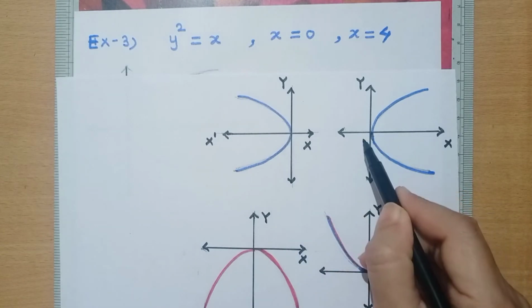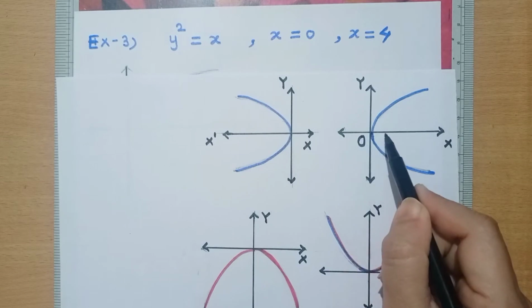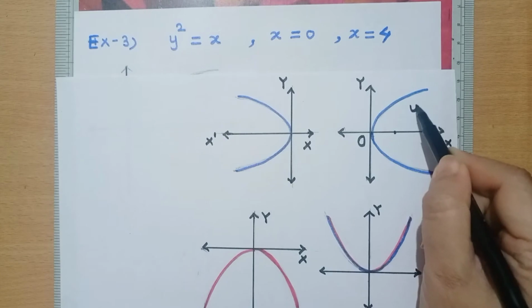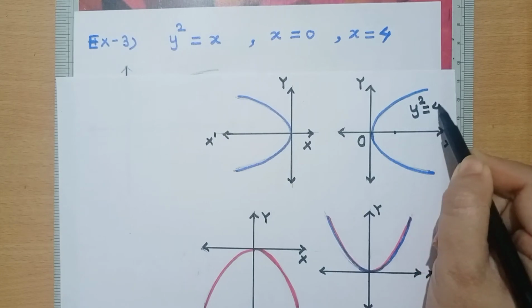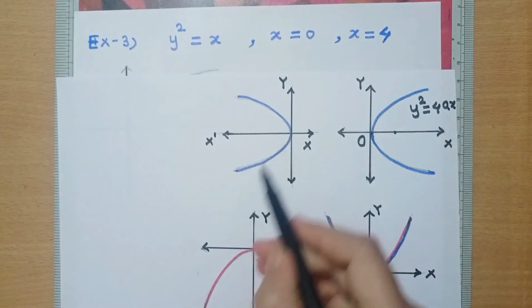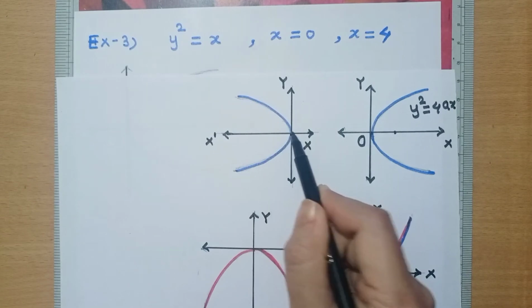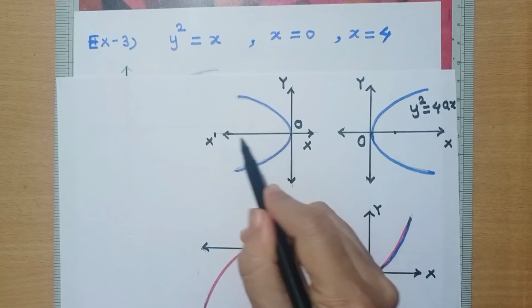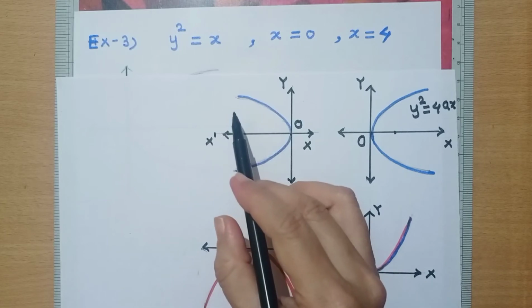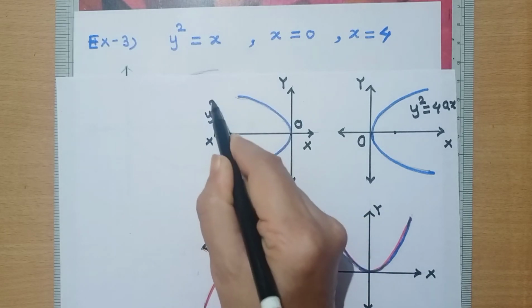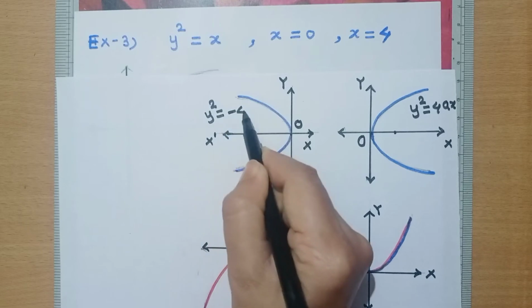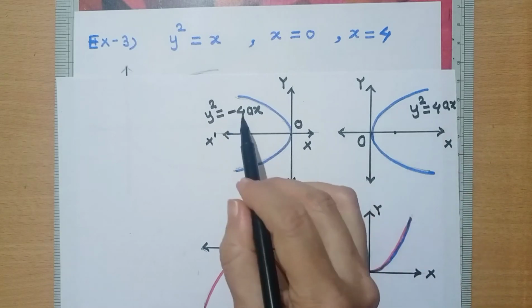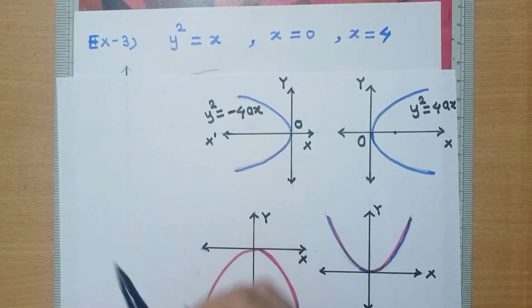If the vertex is at the origin and the focus is on the positive x-axis, then its equation is y square is equal to 4ax. The second type is, its vertex is on the origin and the focus is on the negative x-axis, then its equation is y square is equal to minus 4ax. You can understand the difference: plus 4ax, here minus 4ax.